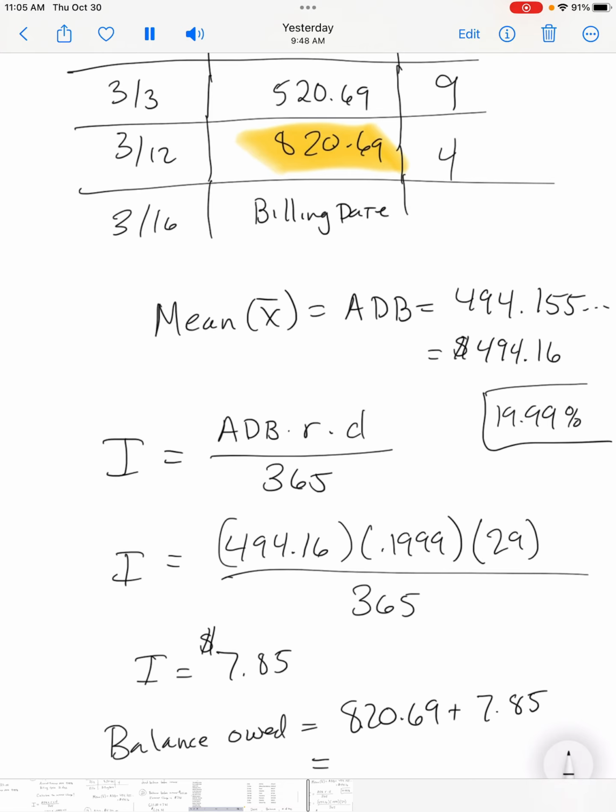We realize we have to give them that much money back, but I also owe them $7.85 in interest, which means that the number going into the next billing cycle would be $828.54.